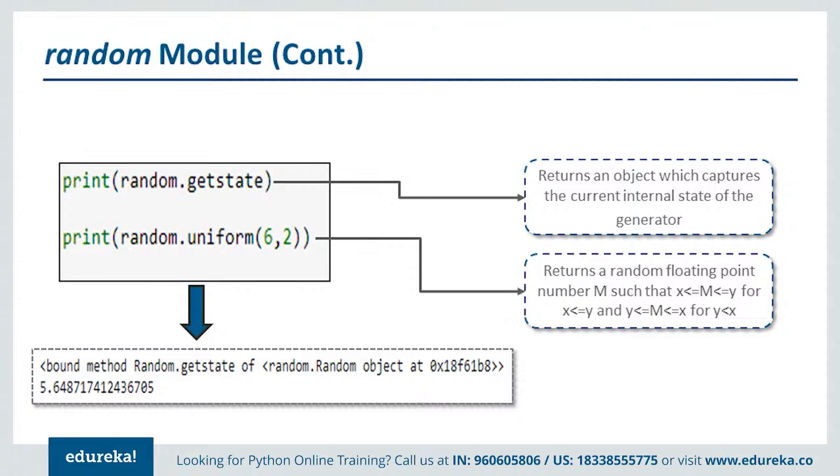So in a reverse order, you are just trying to generate a random number. So the y value 2 will be smaller as compared to x, and the value m, which we are going to get from the random function, should always lie between the x and y value. So this is what we have here in this random module.